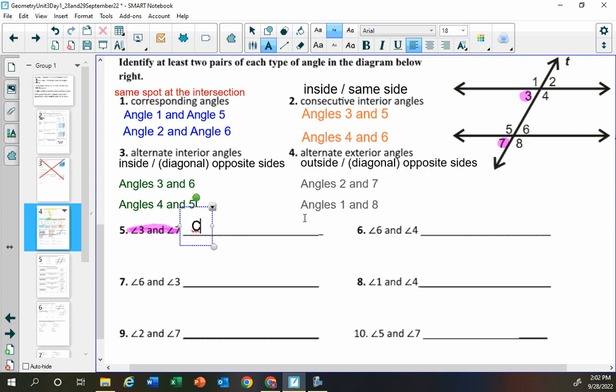Why? Because it's the same thing, but just split. They're going to be corresponding angles because 3 and 7 are located in the same spot. Same spot at the intersection, bottom left. So yeah, that's the same spot.